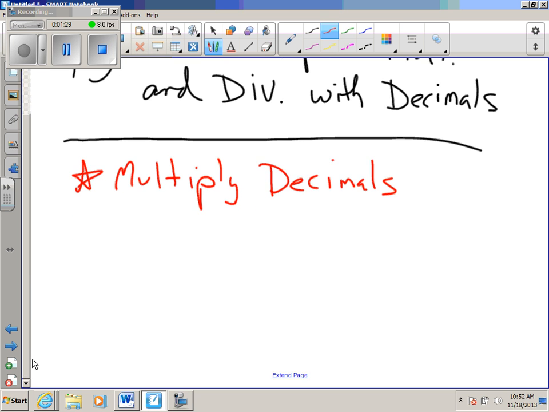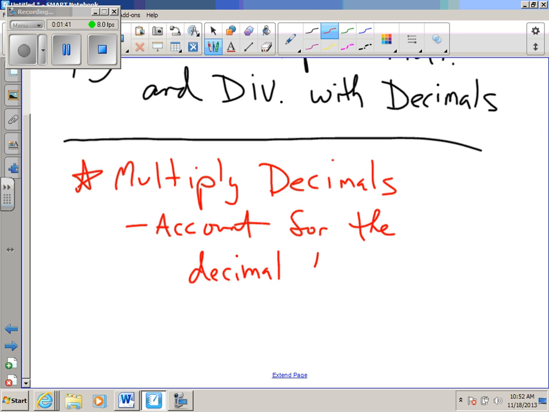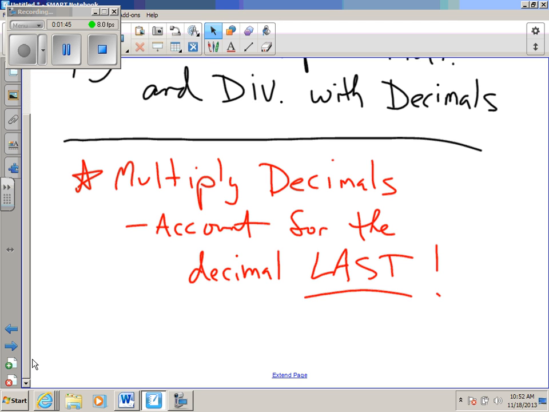Okay, when we multiply decimals, basically we account for the decimal last. It's the last thing we do. The last thing we do is worry about the decimal in our product, meaning our answer when we multiply.